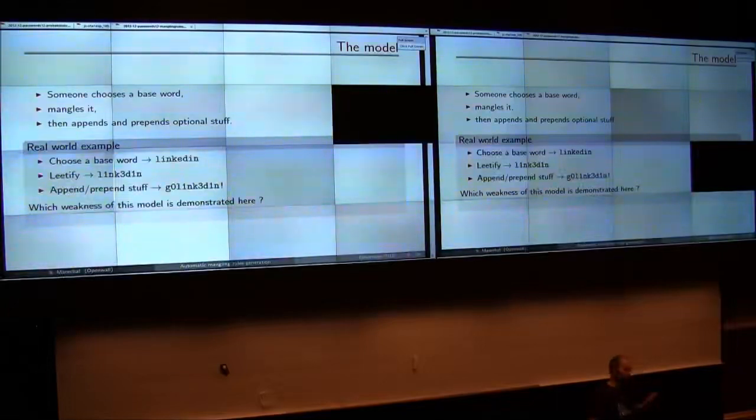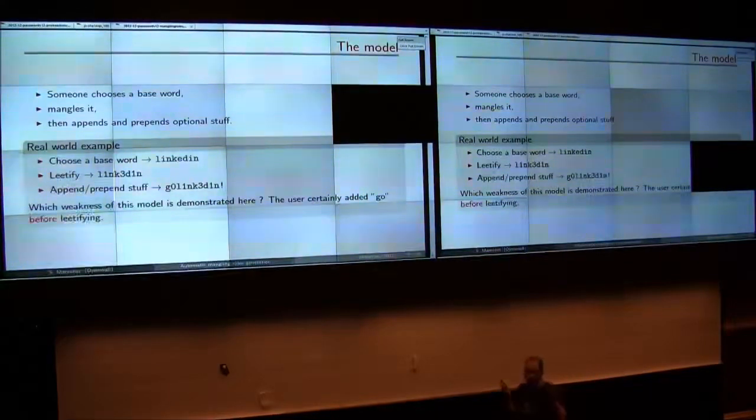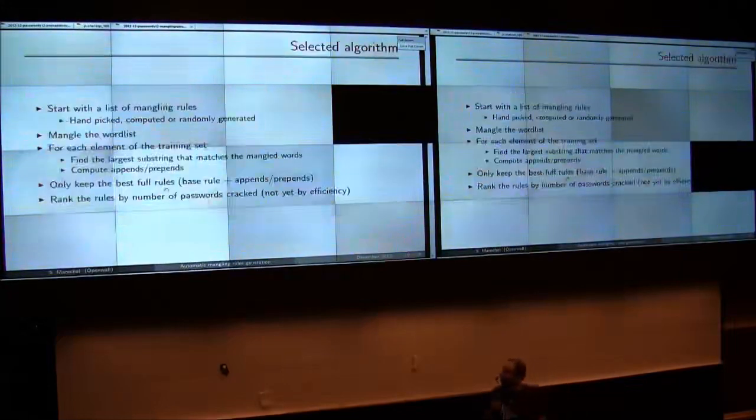No, they will append go. And the problem is that certainly the user here added go and then leetified the whole thing. So this just shows that this model is far from perfect.